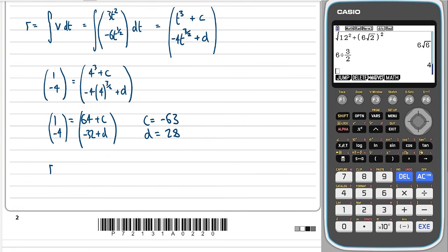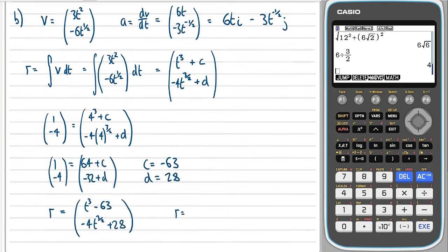Okay, so my position I can now write again as a column: t cubed minus 63, and minus 4 t to the 3 over 2 plus 28. And what am I being asked to do? I'm asked to find the position vector when t equals 1, I believe. Yes, t equals 1.